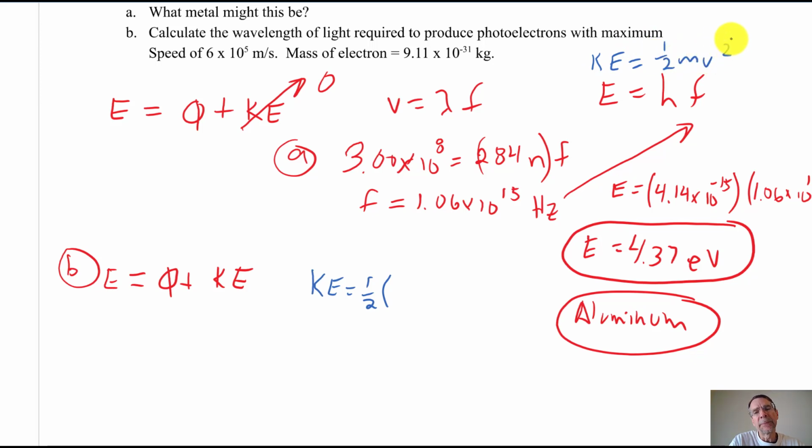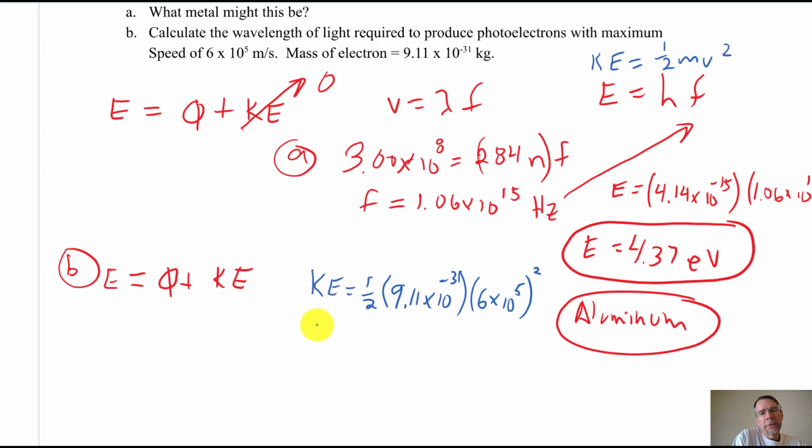And in these problems, it's always an electron. The mass is always going to be given, 9.11 times 10 to the negative 31st, times the velocity of these electrons, 6 times 10 to the 5th, squared.